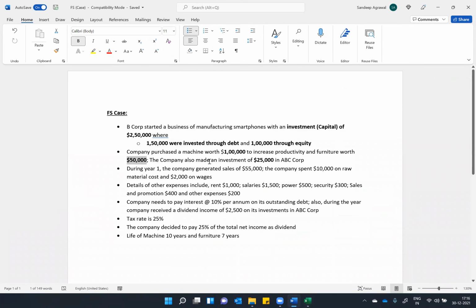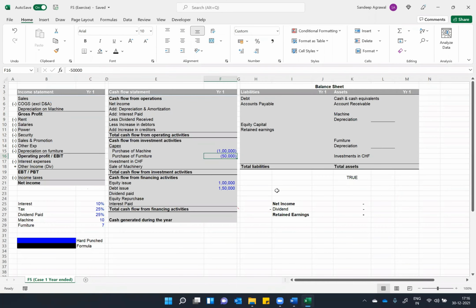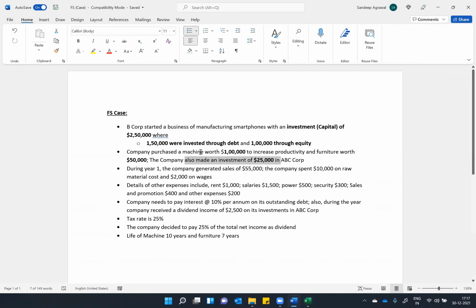The third one is also an investment of 25,000 in ABC Corp. In the investment in ABC Corp, again it is an outflow because we are getting shares by investing in this company, so it should be an outflow. So we have done both the two entries.